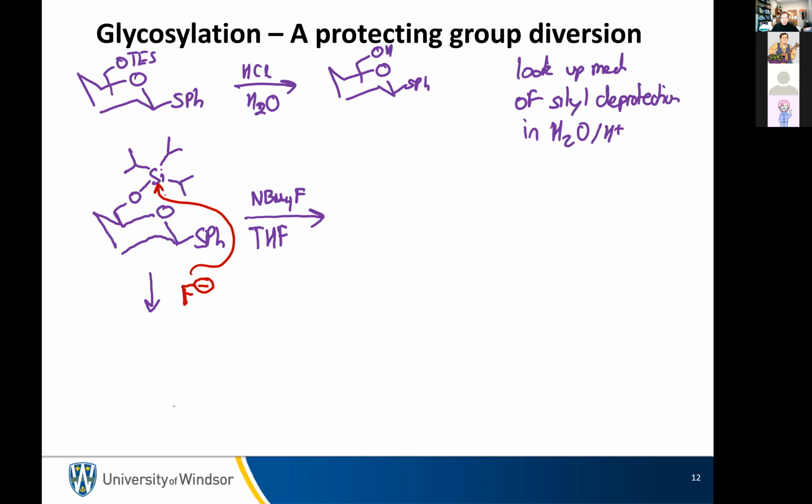Now, generally, when we draw something like this, I would draw an SN2. If this was a carbon, this would be incorrect. I would need to draw a second arrow because I'm about to make 5 bonds to silicon. Silicon's fine with that because it's a third row element, not a second row element. It can make 5 bonds, and so that's what it's going to do.